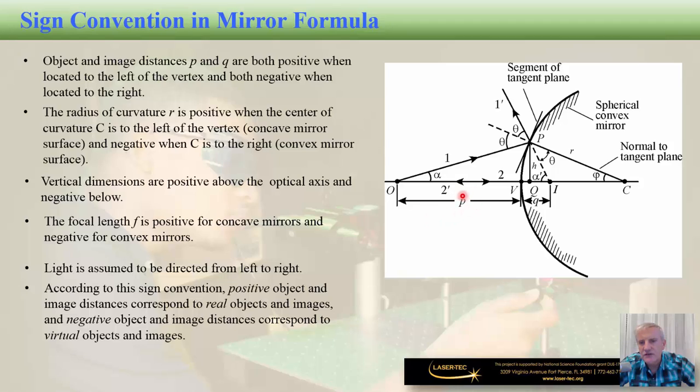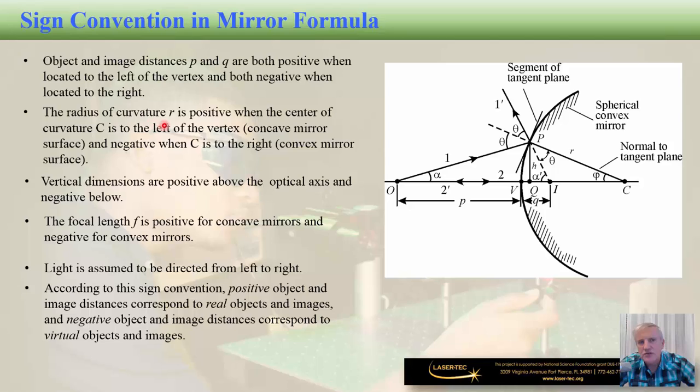That's why this distance, whatever it is, is going to be taken with a plus sign. As opposed to that, the distance q is positioned to the right relative to the mirror. That's why this distance, whatever it is, is to be taken with a minus sign.